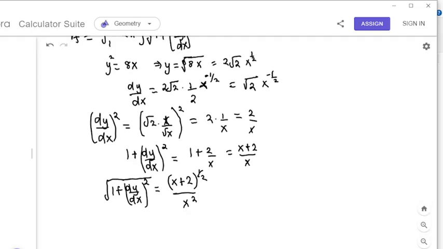So we're going to say the integral from 1 to 2, then we have 2 pi y.